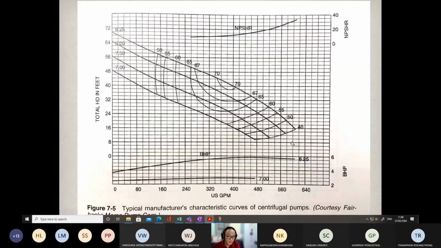I remember because previously I was the one in charge of this lab. Students are asked to prepare the pump curve for one pump in operation. That is the first condition. The second condition would be two pumps connected in series and two pumps connected in parallel. So how will the pump curve look? That is what you have to measure from the lab.